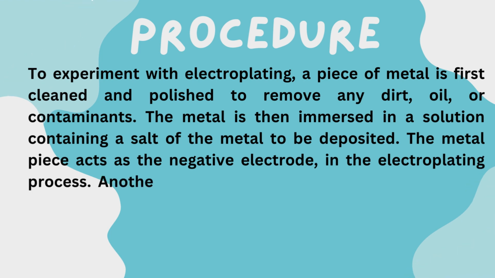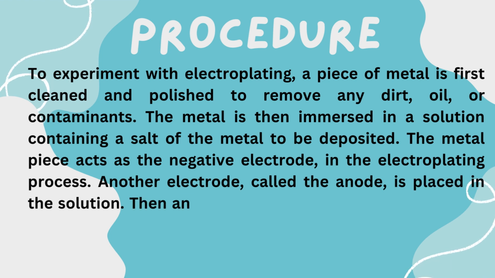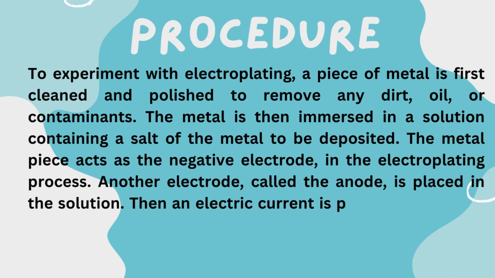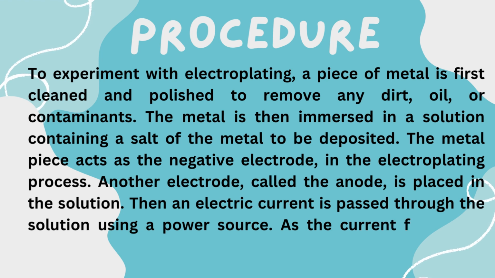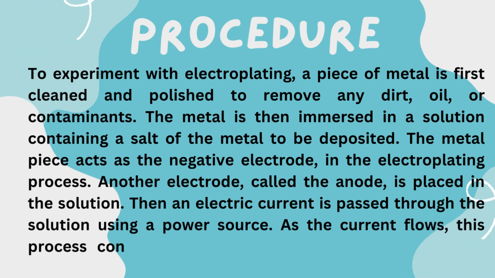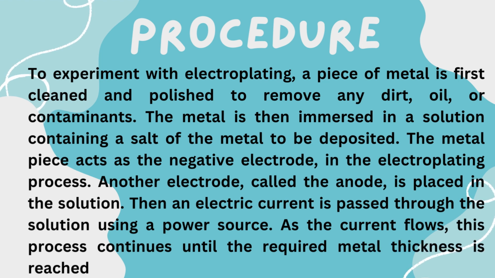We take another electrode, called the anode, and put it into the solution. Then the electric current is passed through the solution using a power source. The current will flow, and this process continues until the required metal thickness is reached. And these are all the steps we use in our experiments.